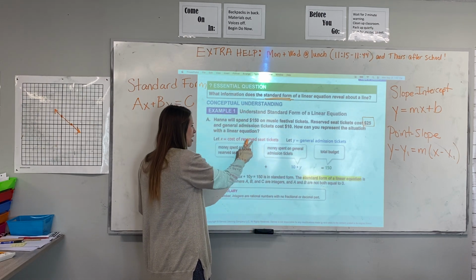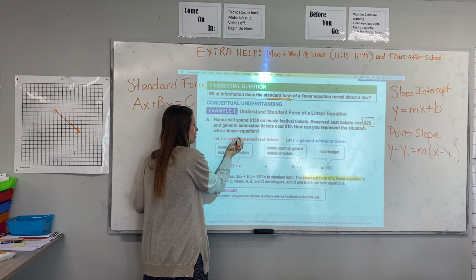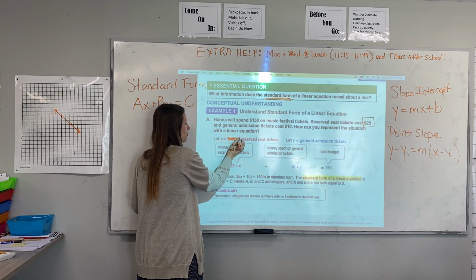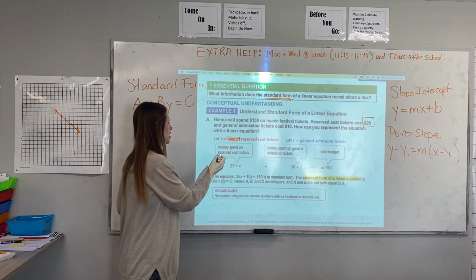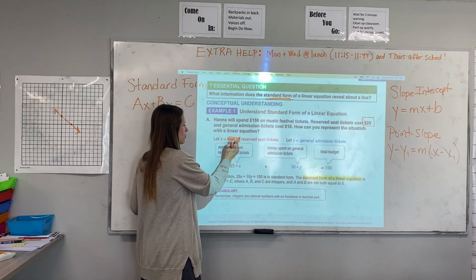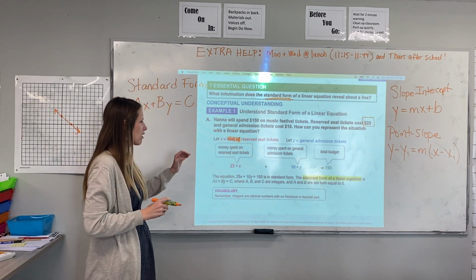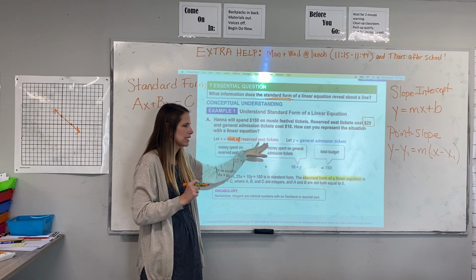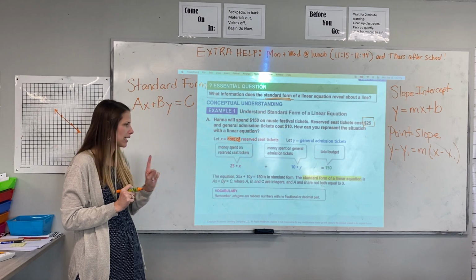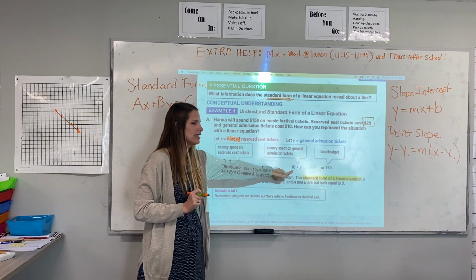This is not the cost of the reserved seats, it's just the number of the reserved seats. So I just wanted to point out that we have to be careful to make sure the information is correct. So don't write cost of. If you're copying this down, write let X be the reserved seat tickets. The cost of the tickets are $25 and $10.